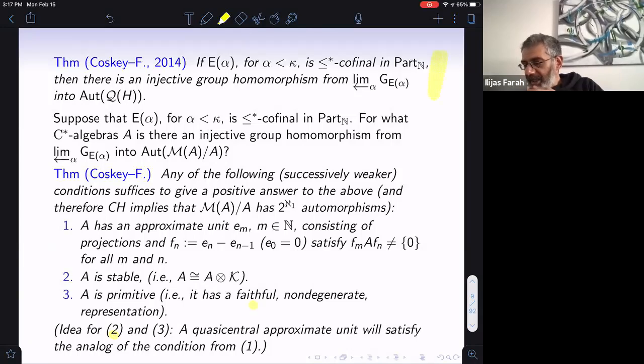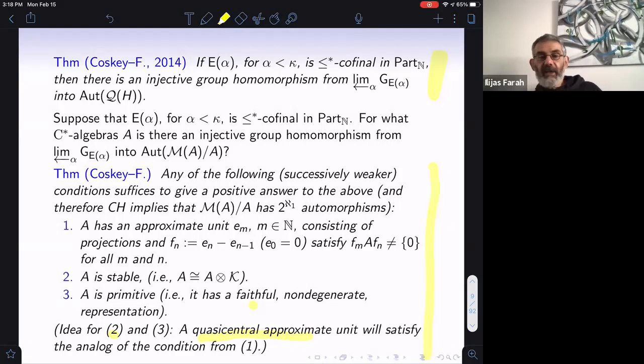You don't have projections, but you have a quasi-central approximate unit, and that's really all that you need. There are some tricks. There is no natural separable subalgebra that you have to deal with here, but one can work it out, and Sam and I did work it out. So a quasi-central approximate unit, again our old friend, suffices to prove this.